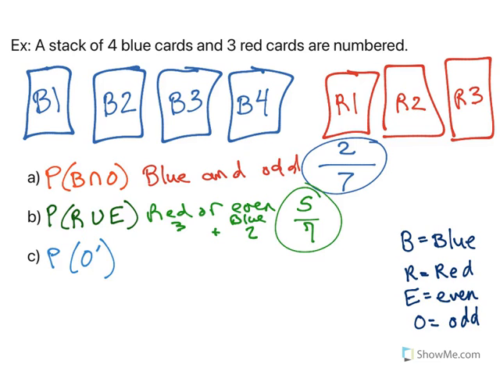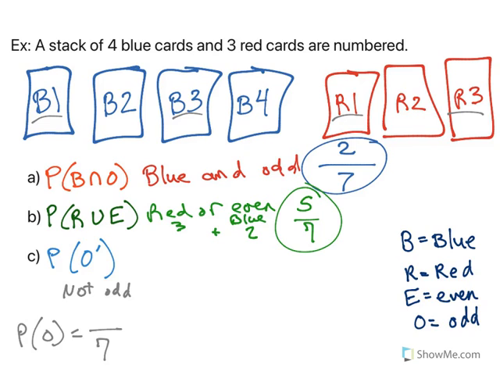In the last one, it says the probability of O prime. This means not odd. Okay, so because it's not odd, well, if you think about it in this case, not odd means even. But let's think about this. If we know the probability of odd, well, again, denominator of 7, I have B1, B3, R1, and R3.